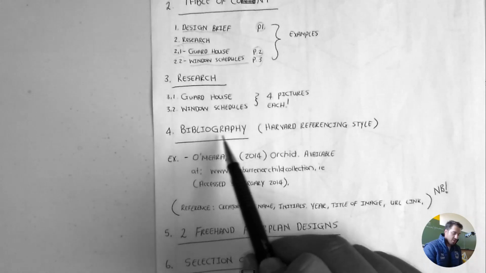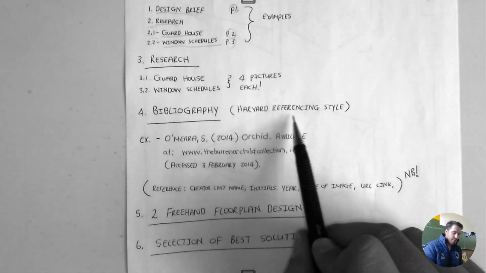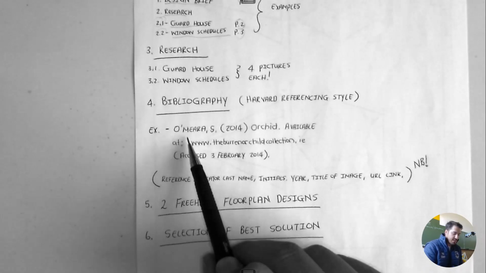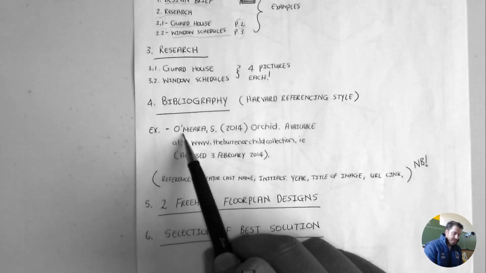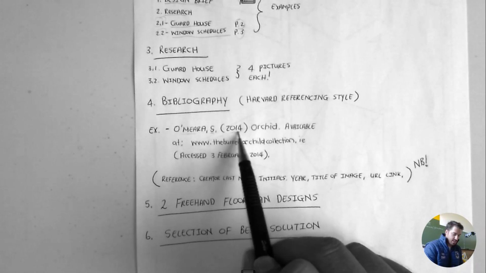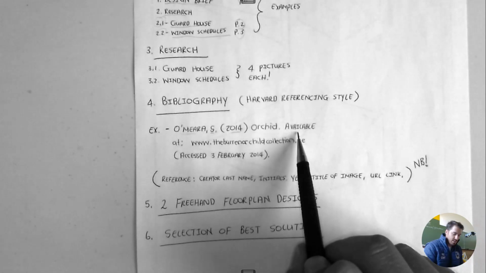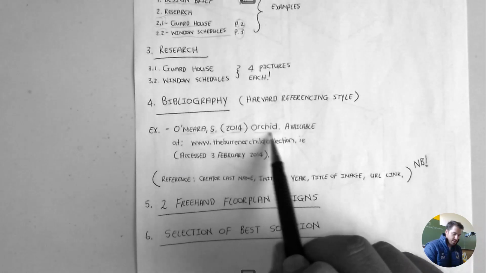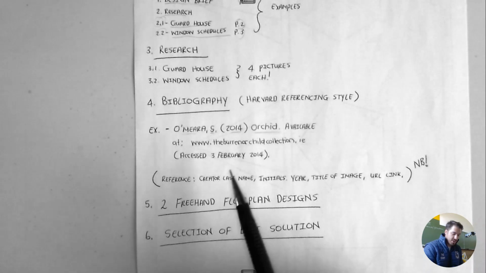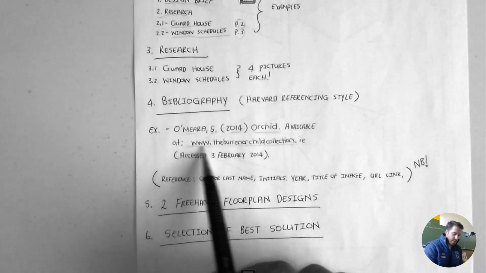Then you have a bibliography, and this is very important. It has to have the Harvard referencing style. So this is an example of one where you have the surname of the person, the initials, the date that it was published, then you have the title, right? There's the orchid, that's the title of the picture, and then you have the link that you use to get that picture.